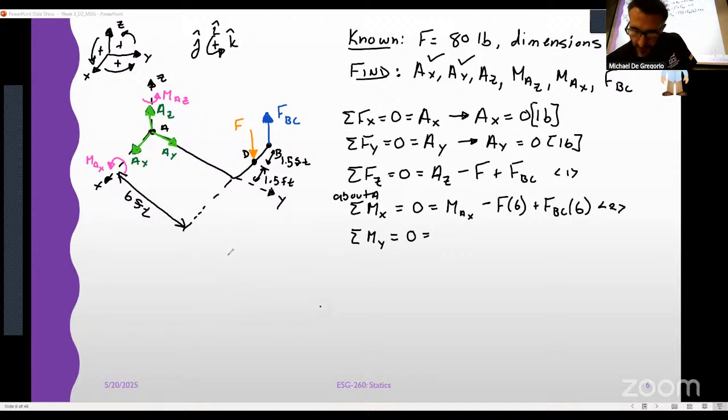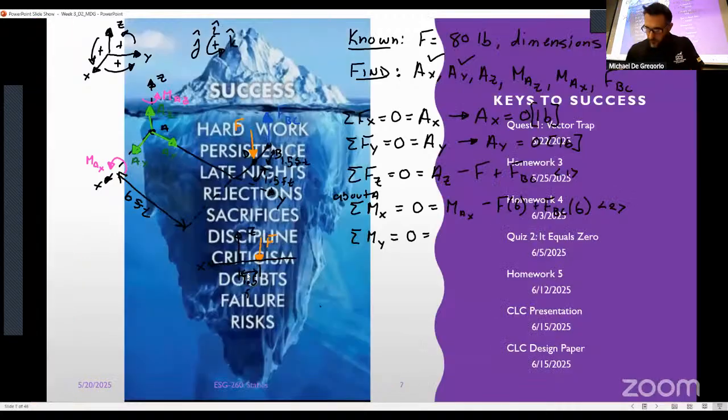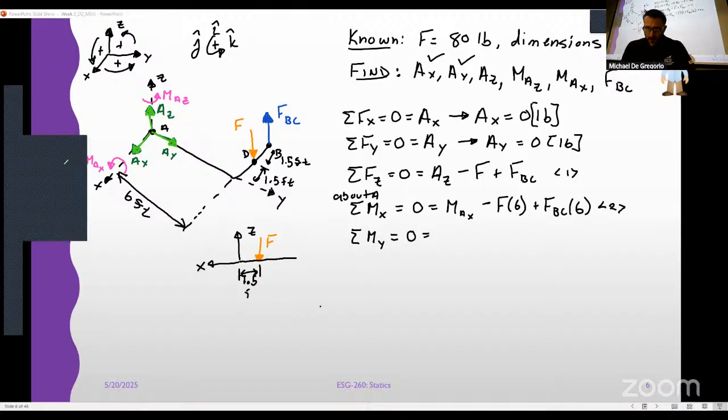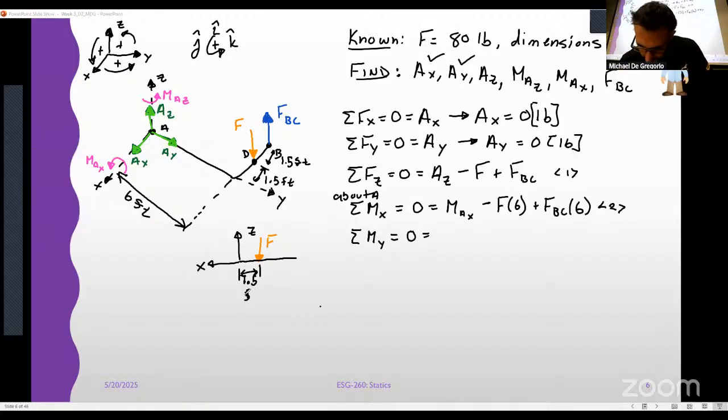So if I were to draw the XZ plane, and we want to handle F, oh, and we're done. Just trying to write feet. Take it easy, pen. All right, so that's 1.5 feet away.